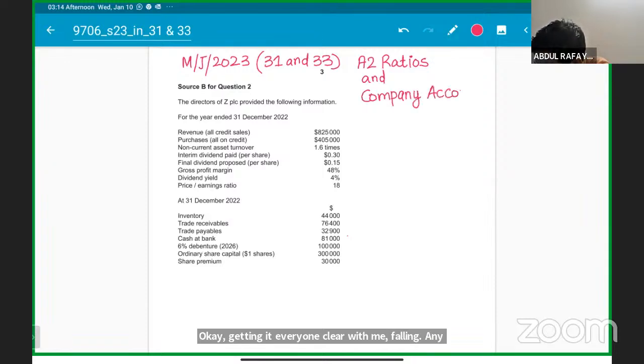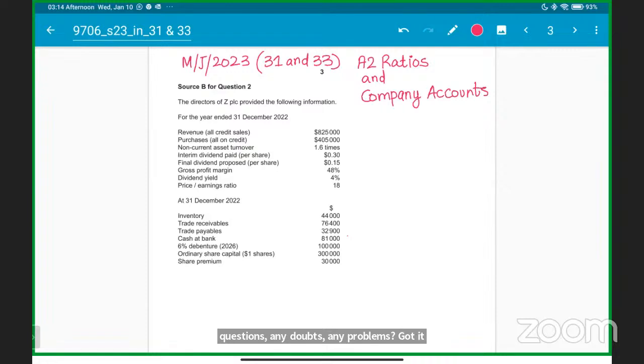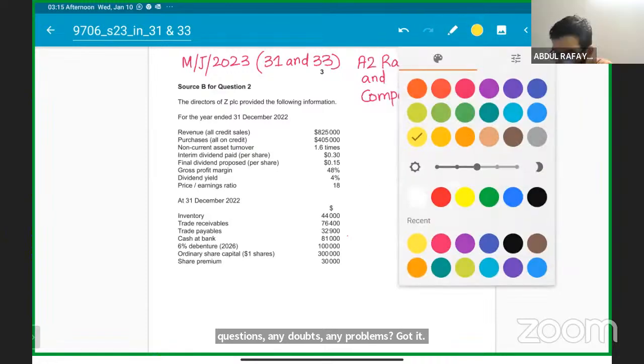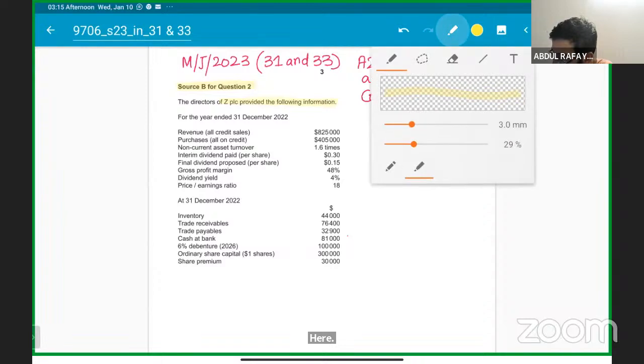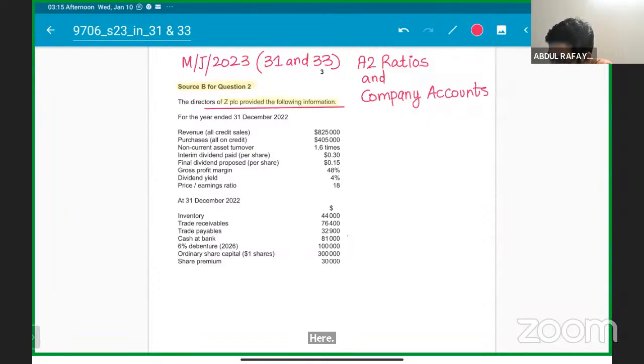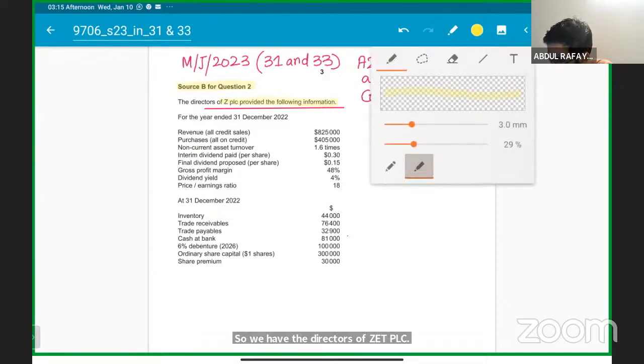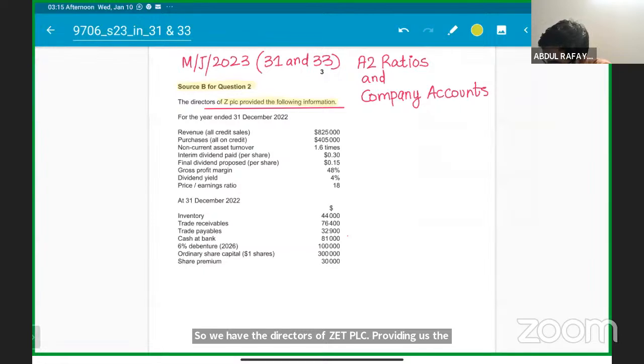As we already know, now we have some small information in the sources. Source B for question number 2 is the directors of Z PLC provided the following information. What we have, students, is revenue, all credit sales, and purchases, all on credit.